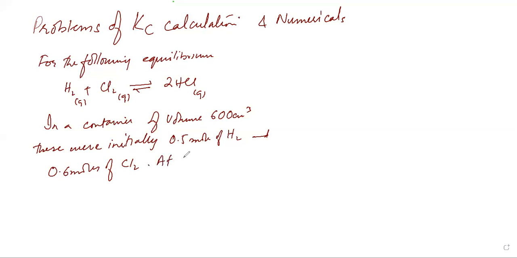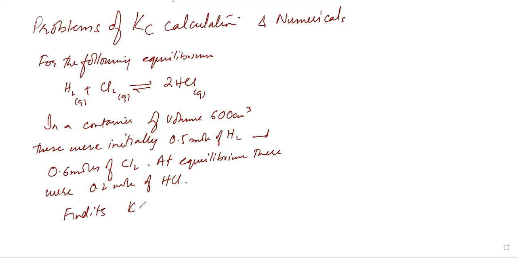At equilibrium, there were 0.2 moles of HCl available in the vessel. Find its Kc. हम इसकी Kc find करते हैं.